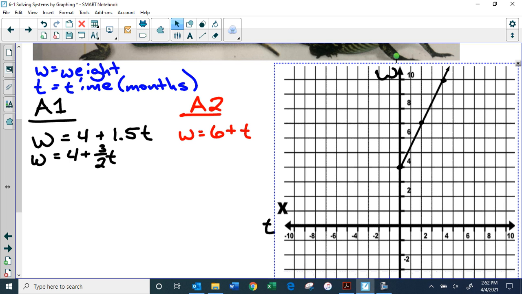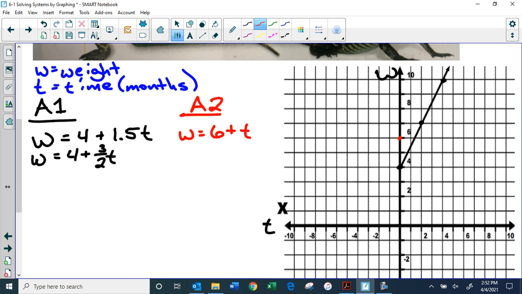All right, the next one, alligator 2, crosses the W axis at 6. So that's right there. And its slope is 1 over 1. So up 1 over 1, up 1 over 1, up 1 over 1, and guess what? They cross right there.